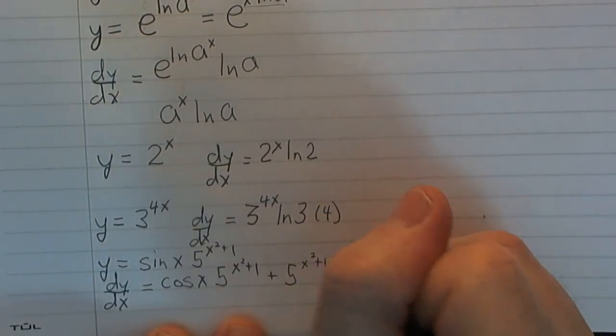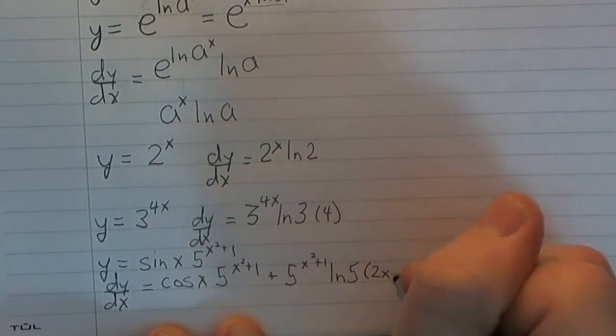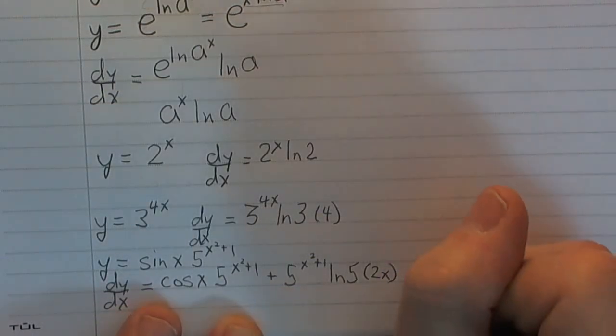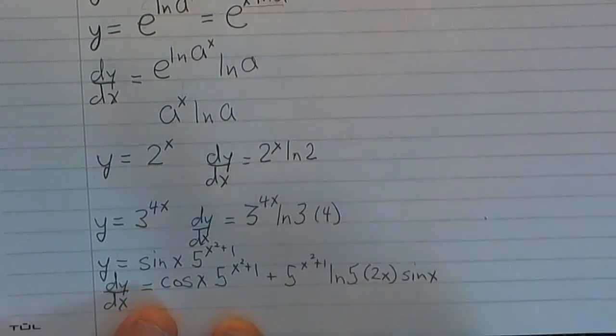And I'm not done yet. Log 5 times 2x. Okay? See? There's the derivative of the second. I just rewrote the exponential part times the log of 5 times the derivative of the top. Then times the first. See?